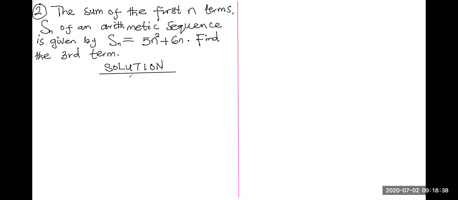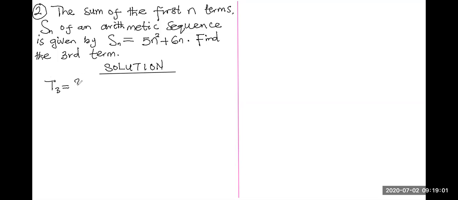In our example 2, we are told that the sum of the first n terms, Sn, of an arithmetic sequence is given by Sn equals 5n squared plus 6n. Find the third term. And of course, just as we have just finished identifying, T3 is unknown.